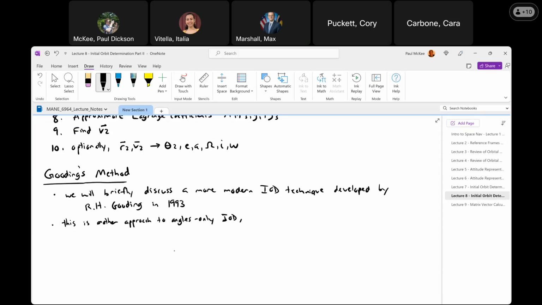But it uses a different technique. And Gooding's method is considered by many to be the gold standard today. Just to be clear, this is the exact same problem setup as Gauss.